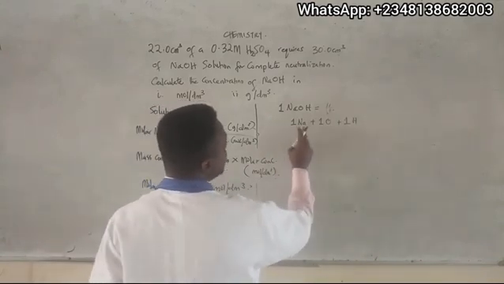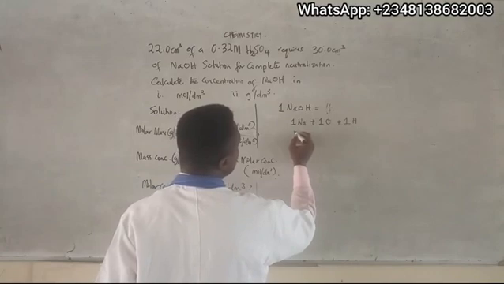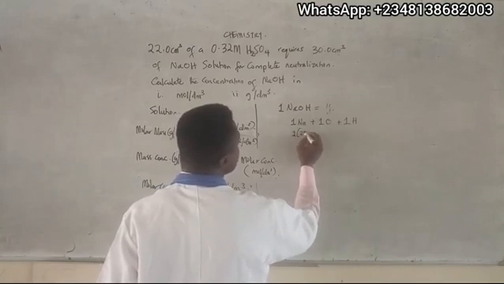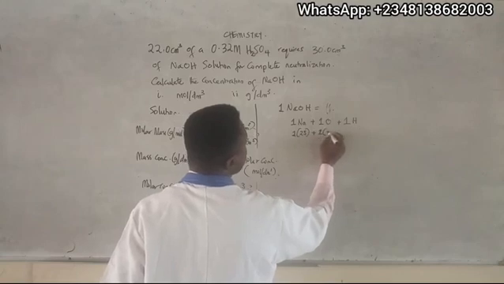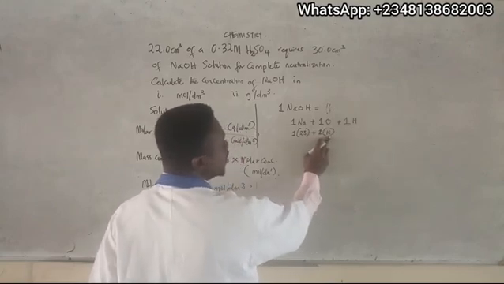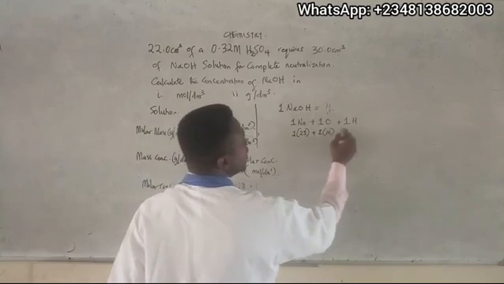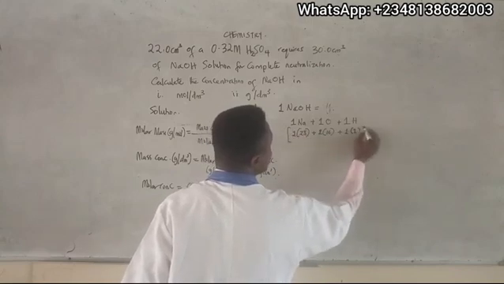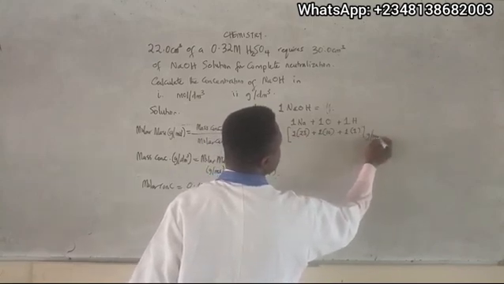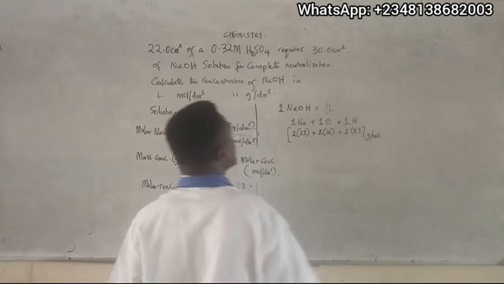So we now represent this with their relative atomic mass. The relative atomic mass of sodium is 23, so this becomes 1 times 23, plus 1 times 16, since the relative atomic mass of oxygen is 16, plus 1 times 1, since that of hydrogen is 1. All will be in gram per mole.